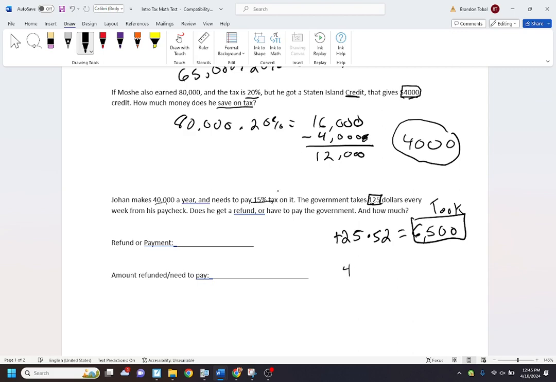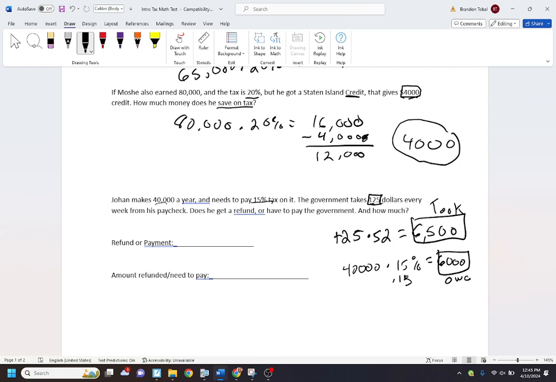In this case, he made 40,000 and he paid 15% tax on it. So we're going to do 40,000 times 0.15, and that's going to be $6,000. So he owes $6,000, but they took $6,500.